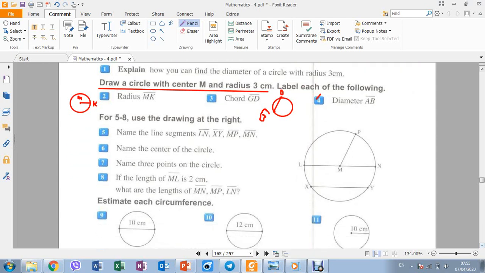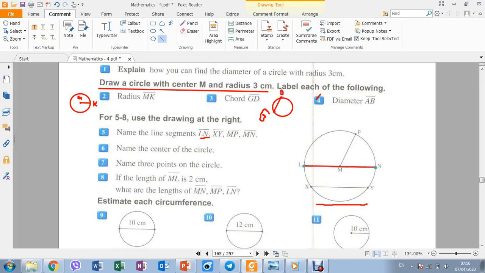Now look, number 5. For 5 to 8, use the drawing at the right. Number 5, name the line segments, line LN, okay. Where's line LN? So line LN shows what? Who can tell me?